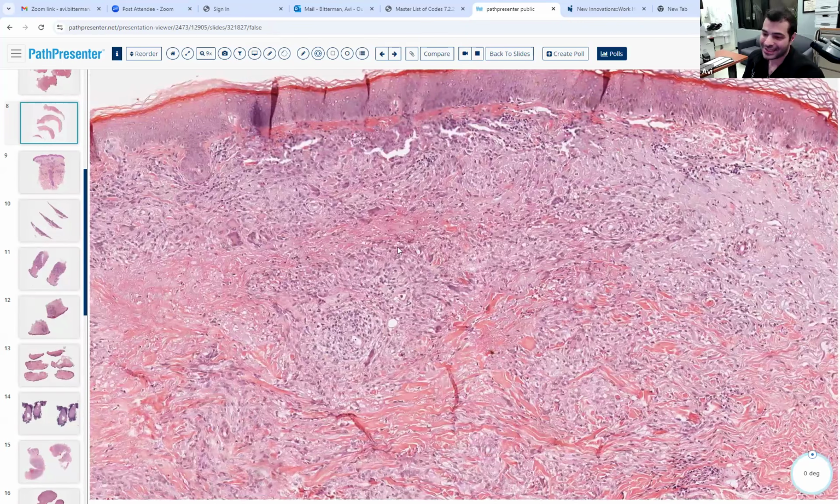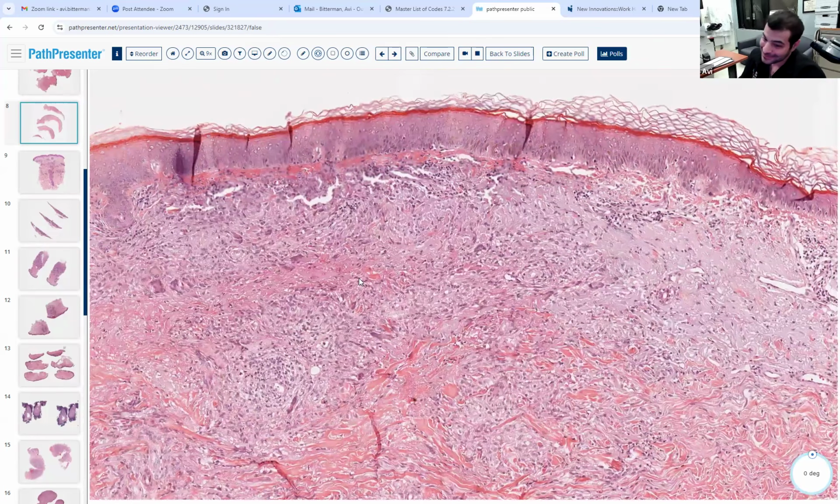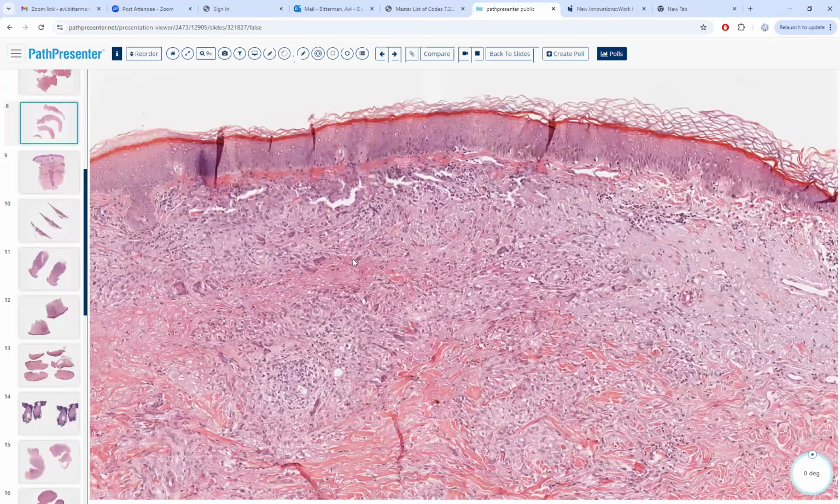So we see elastophagocytosis. There's granulomatous infiltrate, granulomatous dermatitis, whatever we want. It is also, by the way, is it palisading? Yes, good.